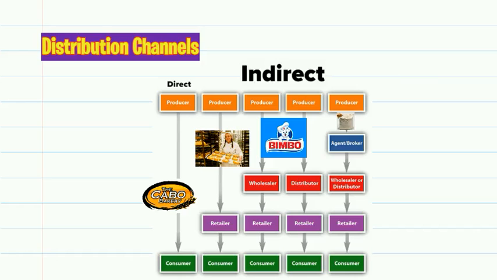Now, the last kind of distribution channel wouldn't really be for bread, because bread is a finished product, and normally people have enough of a supply, and it doesn't really make sense for us to have what we call an agent or a broker. But the last level is that one. An agent or a broker is somebody or a company that secures distribution or supply for wholesalers and retailers.